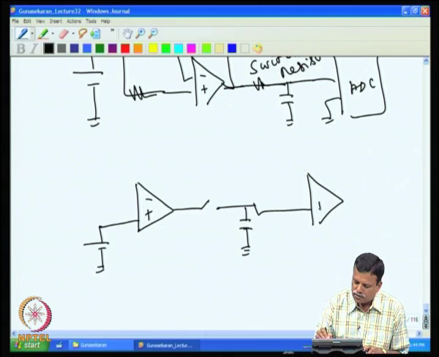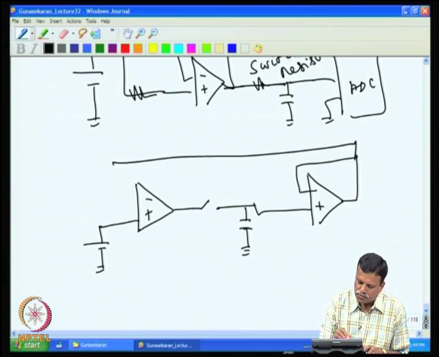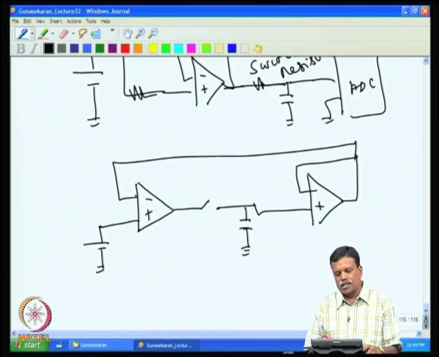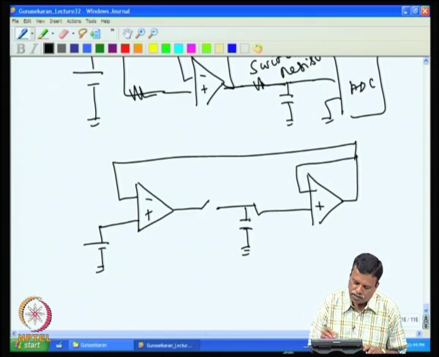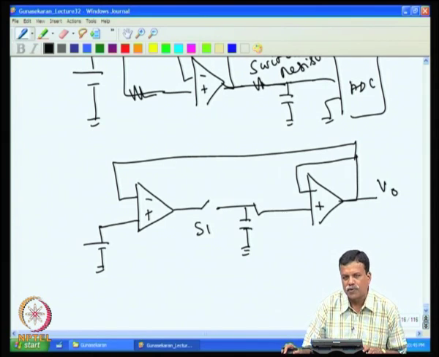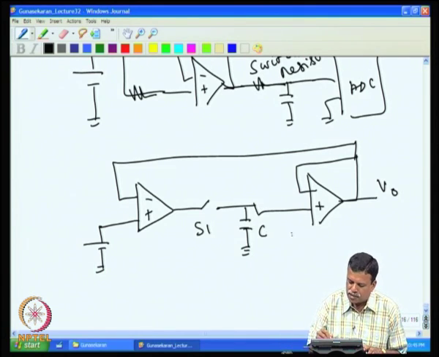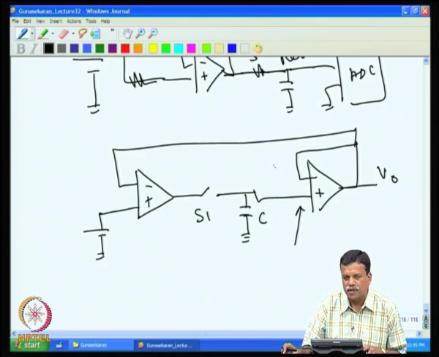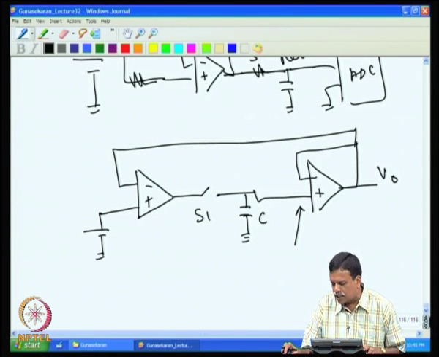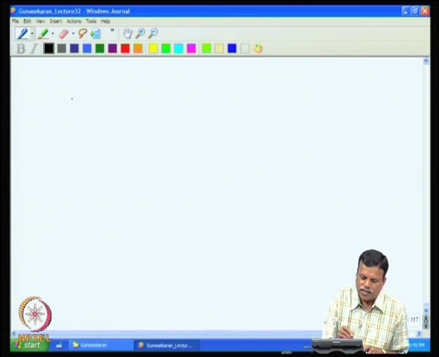Then it can also be connected back to the input, so that the total error is not there, and upon charging one can disconnect the switch, then the output can be taken from here. This type of sample and hold amplifier gives a very low sampling time, 1 or 2 microsecond, to sample the voltage and keep it in the capacitor C, and the droop is determined mainly by the bias current of this amplifier.